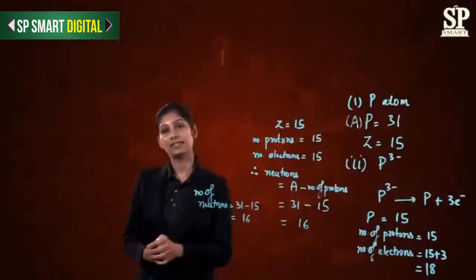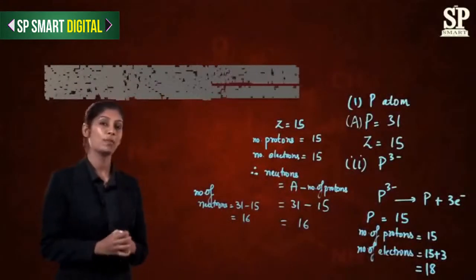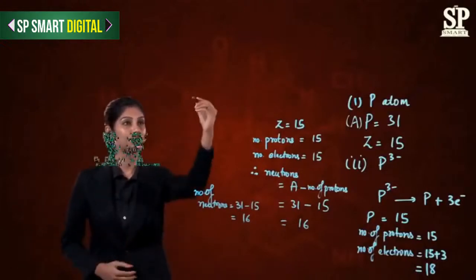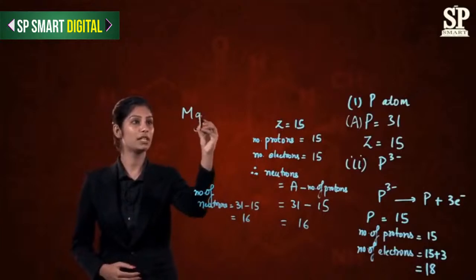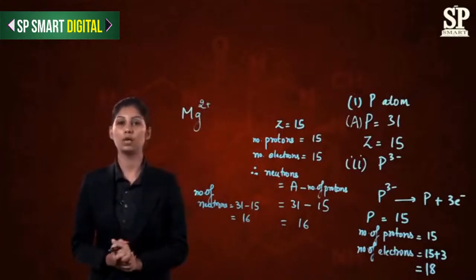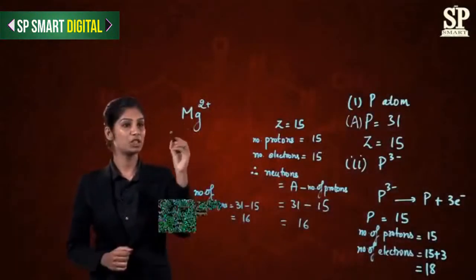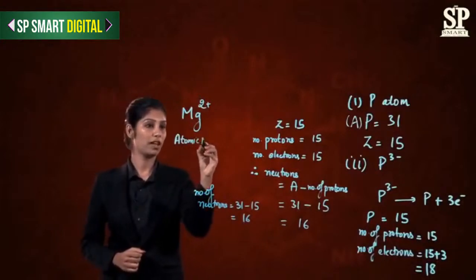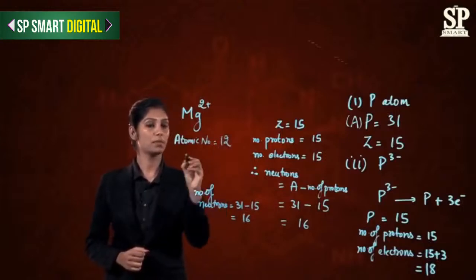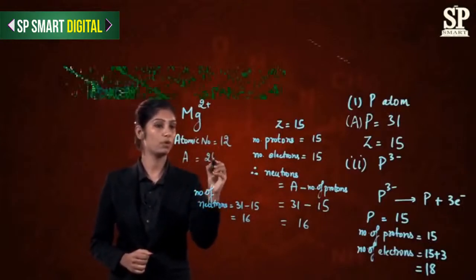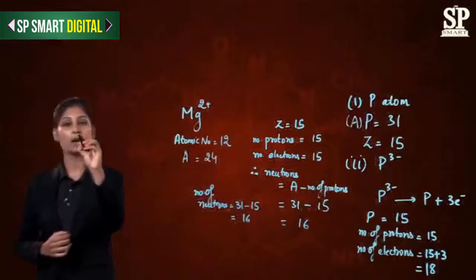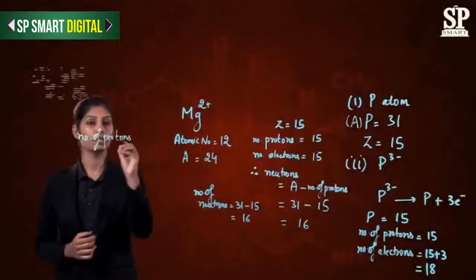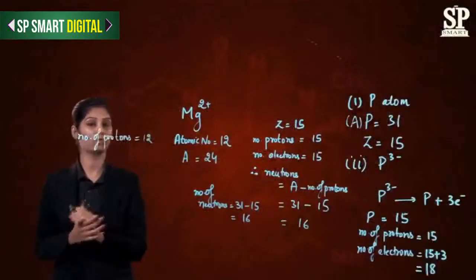Let's discuss another example. Let's calculate the number of protons, electrons and neutrons for magnesium ion. And magnesium ion is represented as magnesium 2+. The atomic number for the magnesium ion is equal to 12 and mass number is equal to 24. Now, the number of protons is equal to the atomic number, so the number of protons is equal to 12.